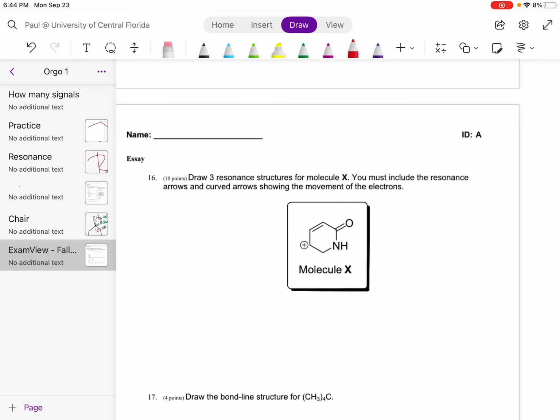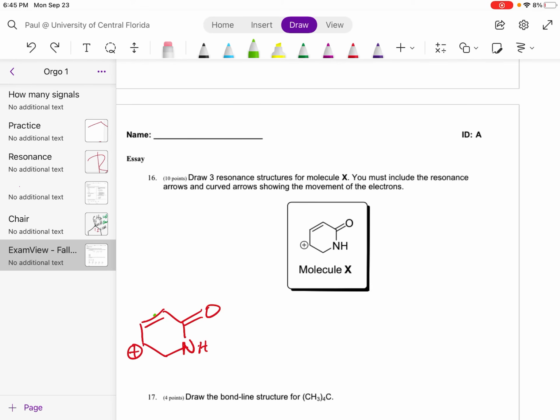Okay, draw 3 resonance structures for molecule X. So this has lots of answers, lots of possibilities here. Okay, so let's just draw the molecule like this and draw some resonance structures. So what do we see? What patterns? We have a pi bond next to a pi bond.